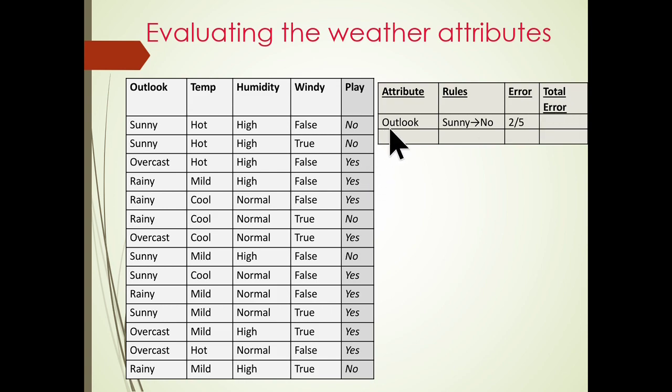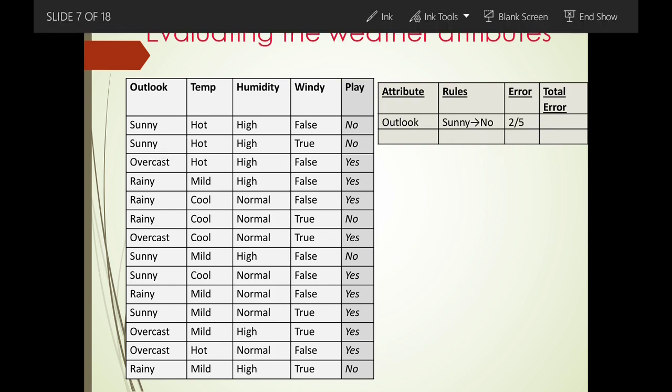If you look at it, first we will start with outlook, and here we have a rule: sunny is equal to no. Sunny is appearing in the table 5 times: 1, 2, 3, 4, 5.